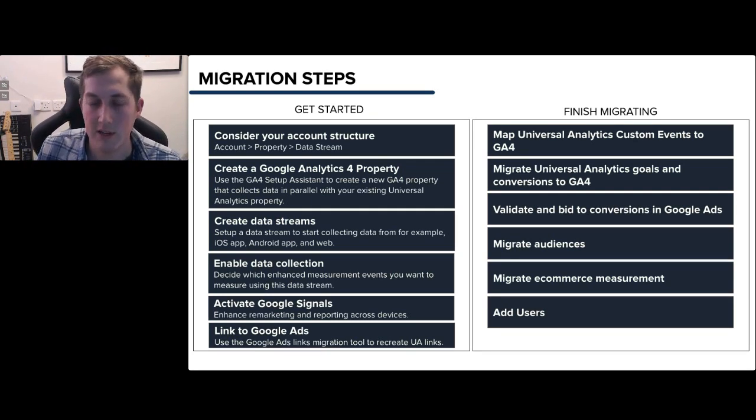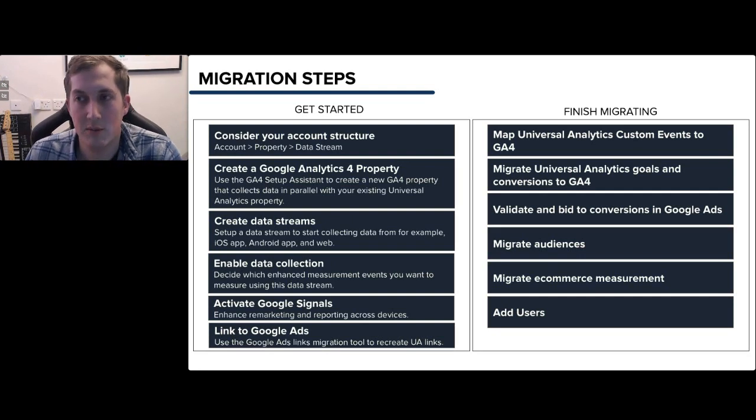You can work your way down the list and tick things off. There is a goal import tool available, but there are limitations as to what you can import. I believe you can import destination-based goals, but any event-based goals you need to create manually within GA4. So that's one thing to bear in mind.